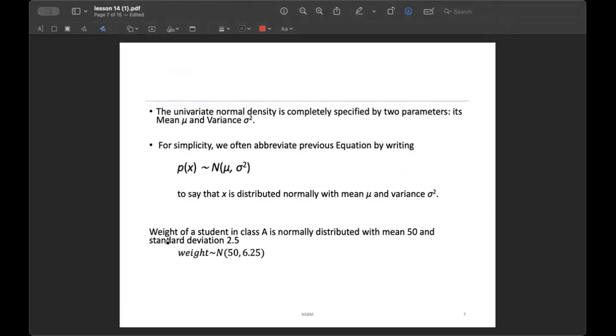Then, the univariate normal density is completely specified by two parameters, its mean mu and variance sigma squared. Univariate, bivariate, we have these terms. Univariate means, can you remember we defined the variates earlier?